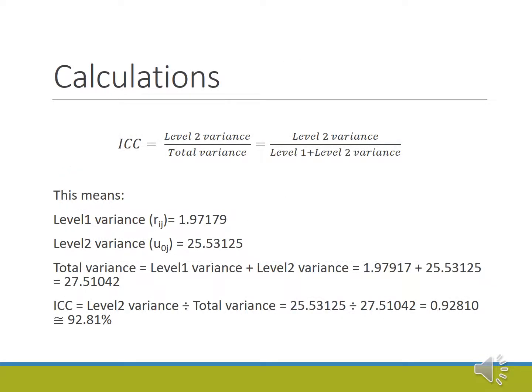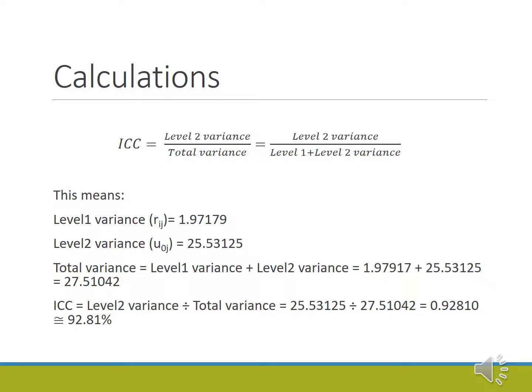So here is the formula again, and we just need to find the pieces and do a little bit of simple algebra actually. The level 1 variance from the table I just showed you is 1.97, and the level 2 variance is 25.5. So first you calculate the total variance, which is adding up those two numbers and gets you 27.5.